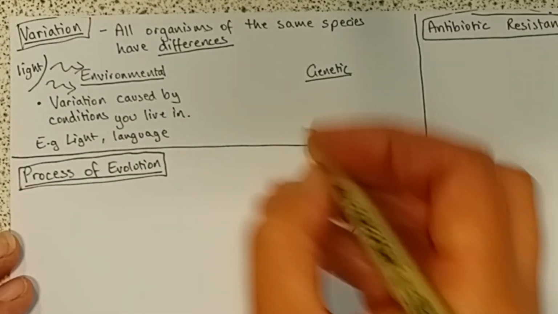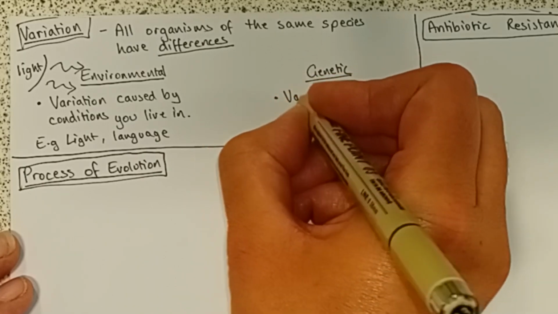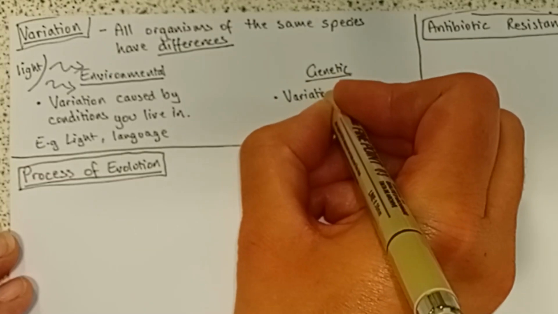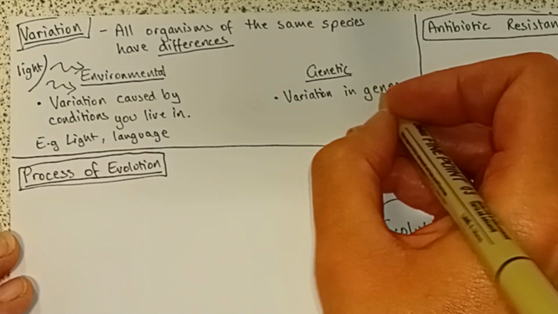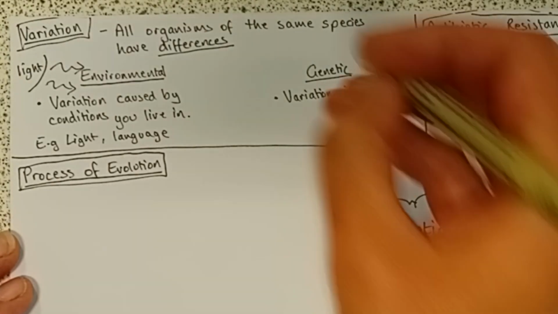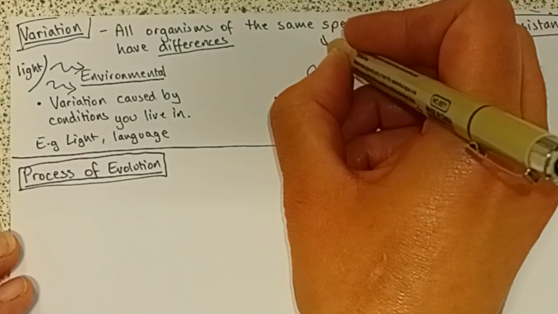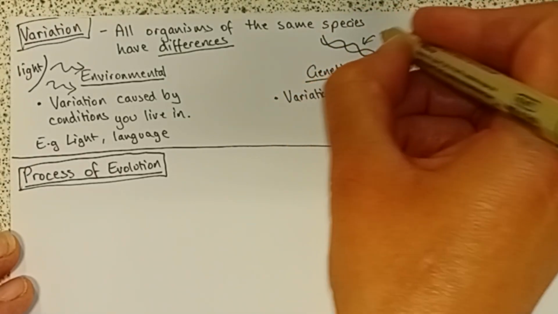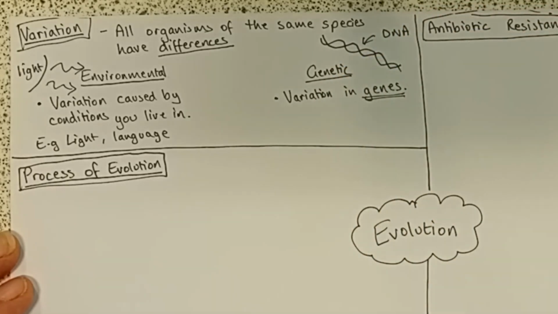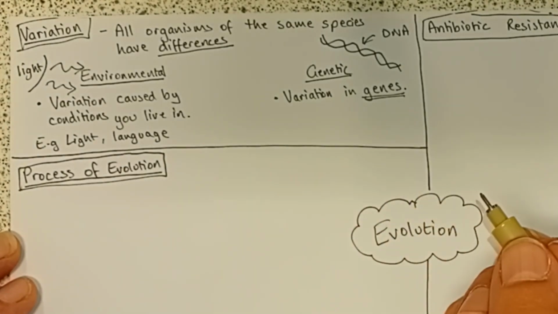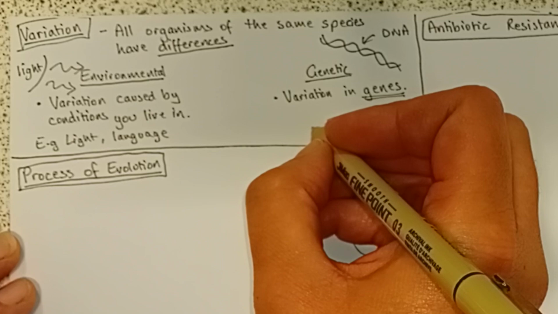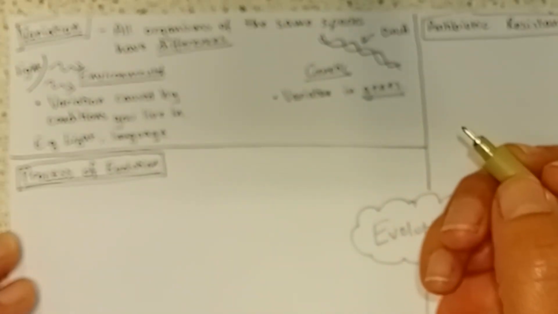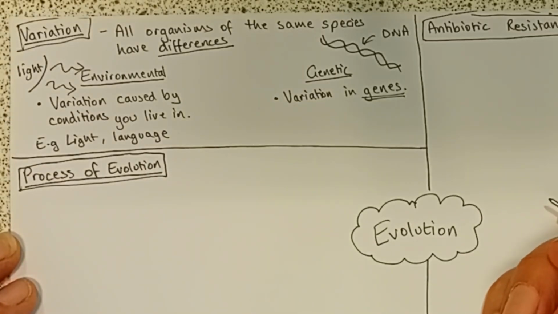Genetic variation then, as the name suggests, is variation caused by genes. And remember that a gene is a section of DNA that codes for a protein. So some people have different proteins to others. Examples of genetic variation that are inherited from parents are things like blood group and eye colour.